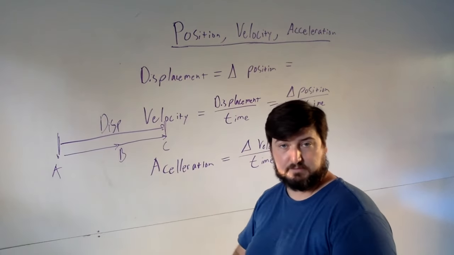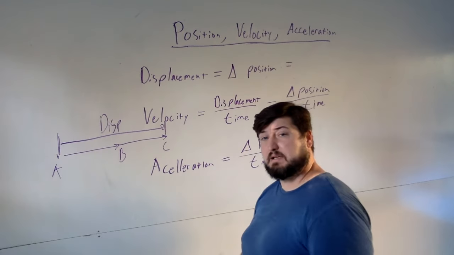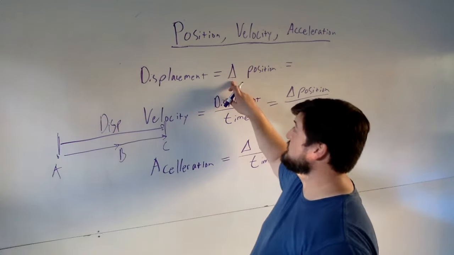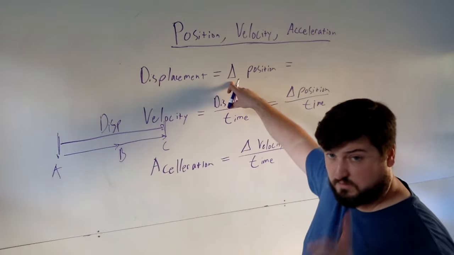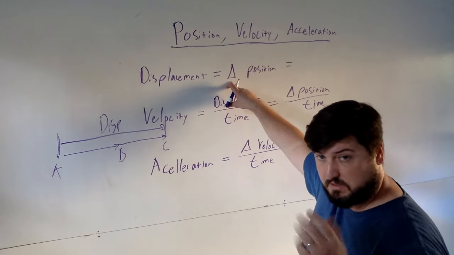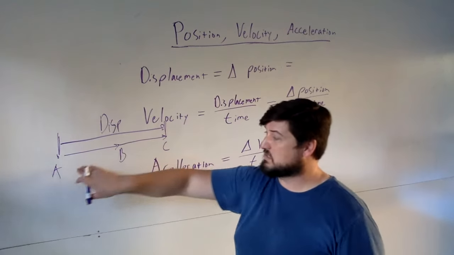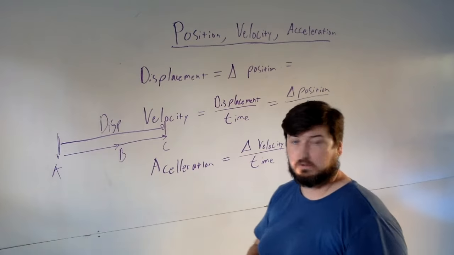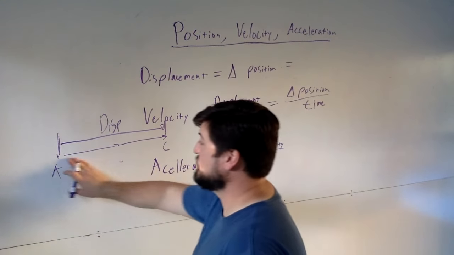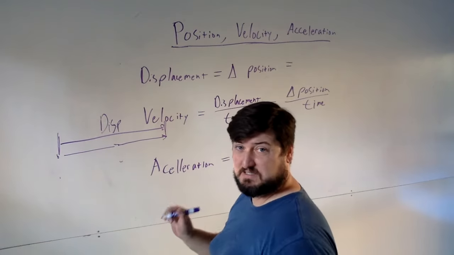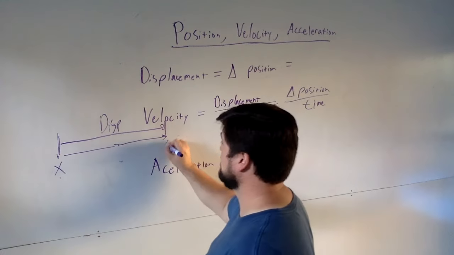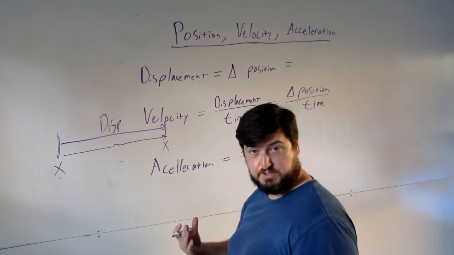That's your displacement. So another way of looking at it is it's really kind of a change, and whenever you see this triangle in physics, remember that means change, okay? Change in. What you actually are getting with displacement is you're changing your position, okay? And if we're going to talk about position, the way we note position in physics is actually by x, okay? X is our variable for position.